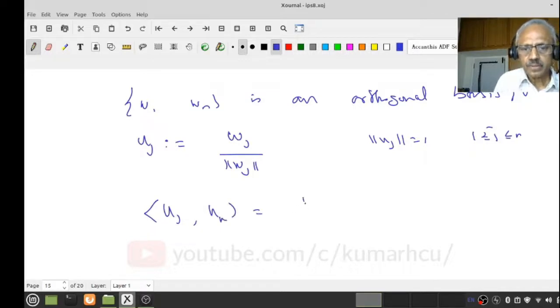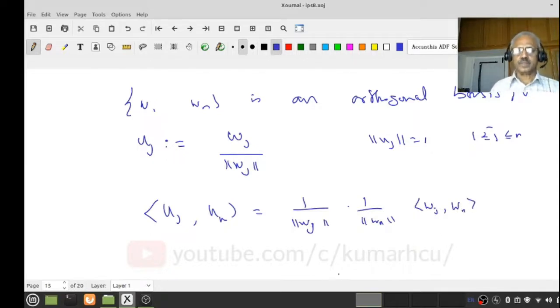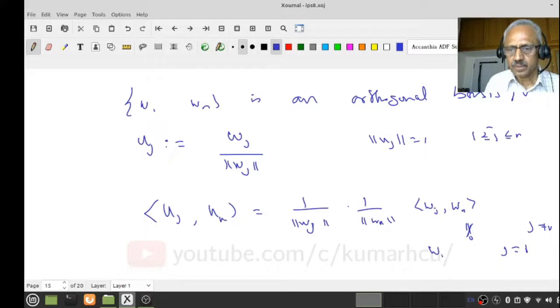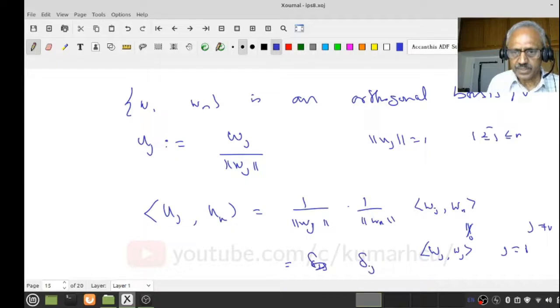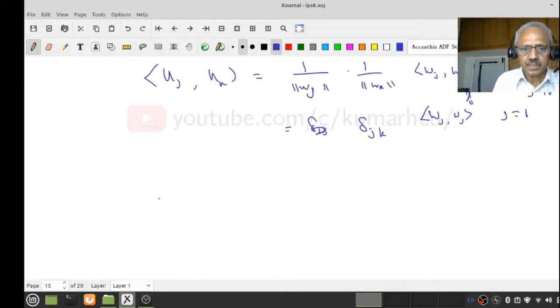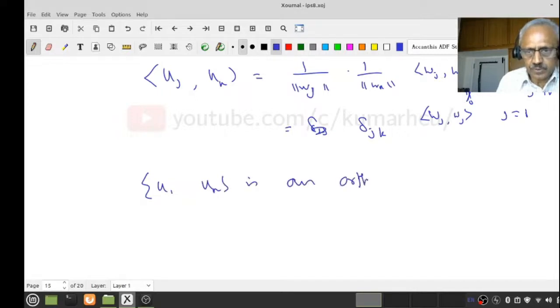This is 1 by norm of wj and 1 by norm of wr times the inner product of wj and wr. Is that okay? If j is not equal to r, then this is 0. If j equals r, this is the inner product of wj with wj, and we have 1 by norm wj squared, that cancels, therefore I get 1. So this is delta jr. You understand that? Therefore u1 to un is an orthonormal basis.